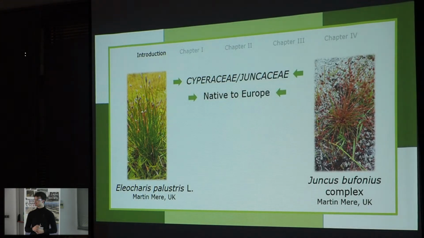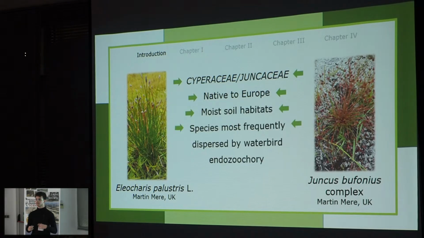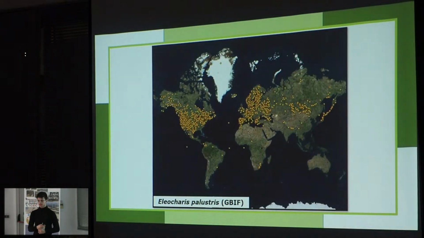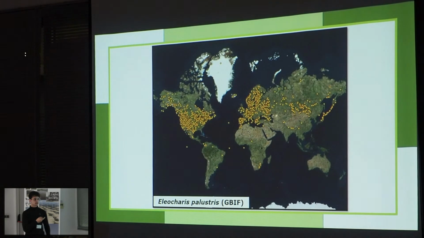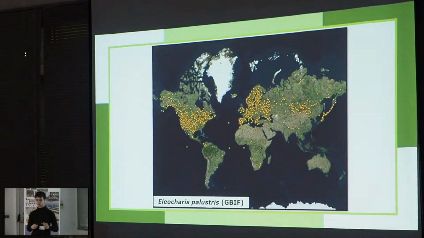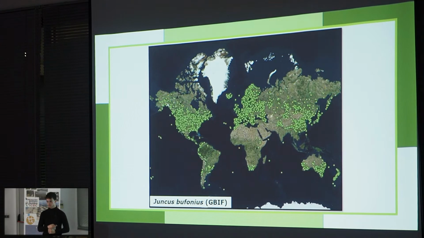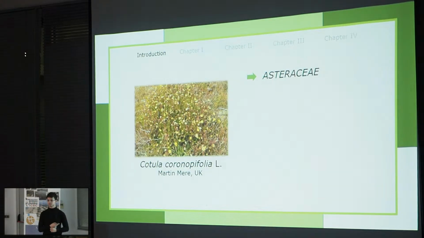Both species are native to Europe and can be found in moist soil habitats, and they have been selected because they have high rates of waterbird endozoochory based on previous projects of the group. This is the distribution map of Eleocharis palustris. We can see that it's widely distributed in Europe, North America, and dispersed in other parts. This is the distribution map of Juncus euphonius, which has a cosmopolitan distribution.